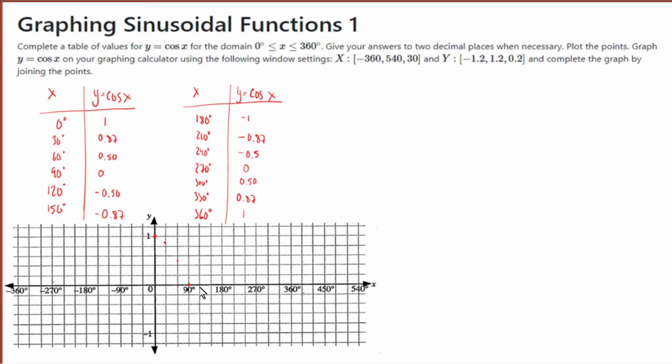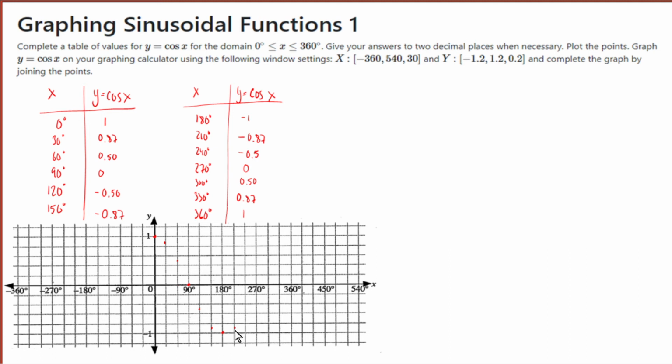At 120 degrees, it's negative 0.5, which is right there. At 150 degrees, it's negative 0.87, maybe about there. At 180 degrees, it's negative 1. At 210 degrees, it's negative 0.87, so we're back right there.